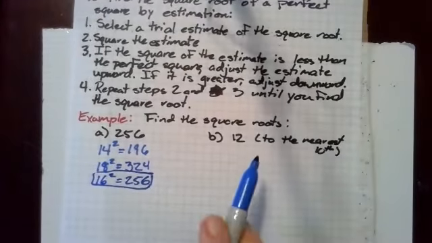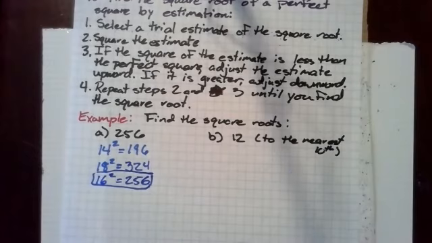Now we want to find the square root of 12 to the nearest tenth. 12 is not a perfect square, so we aren't going to find a whole number or a natural number that will square to give us 12, but we can find something close. I know that 3 squared is 9 and 4 squared is 16. So I'm going to pick something between 3 and 4 and see how close that brings me.